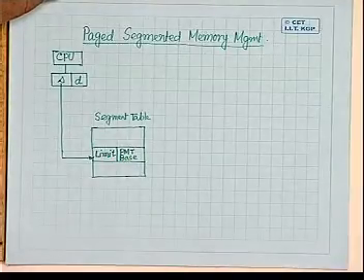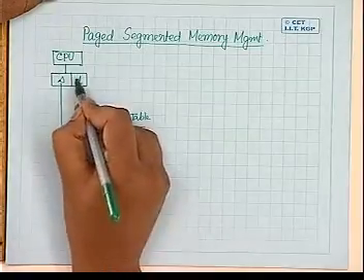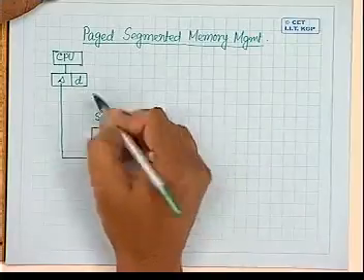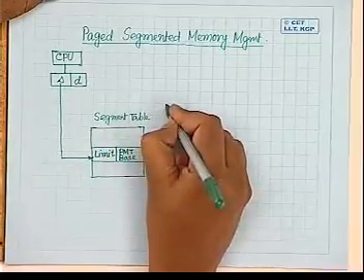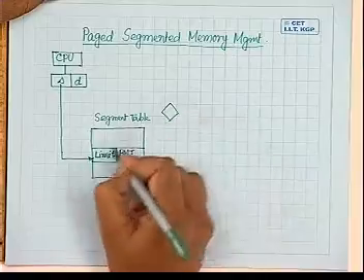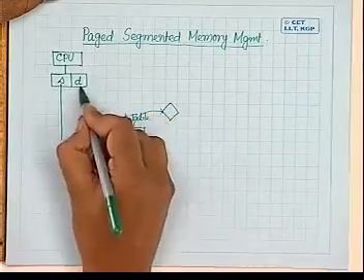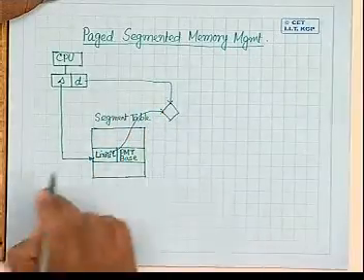Here the first operation that you have to do is compare this limit with D, because the same restriction is applicable: D cannot exceed limit.